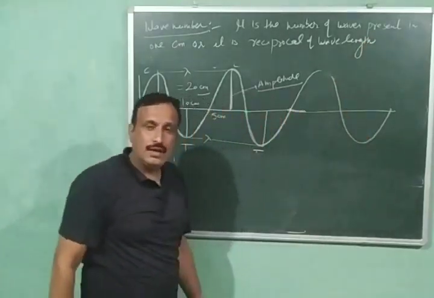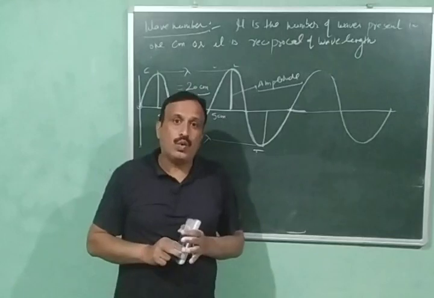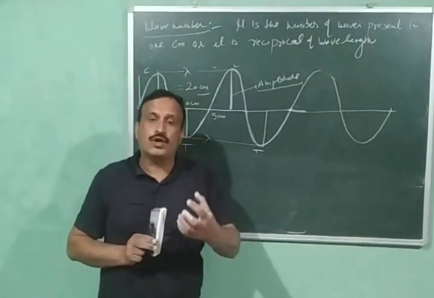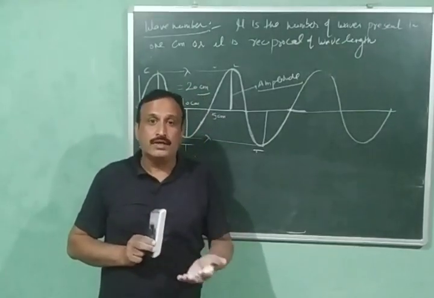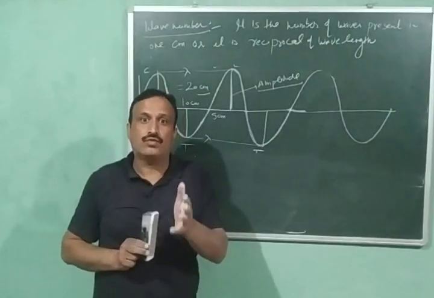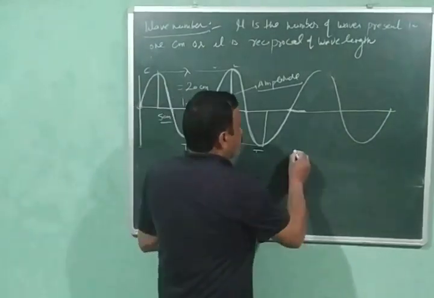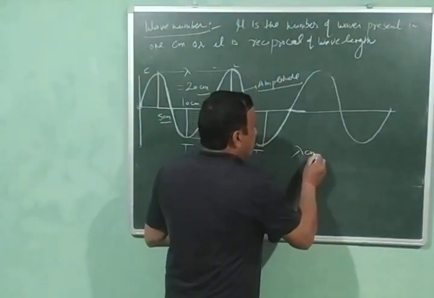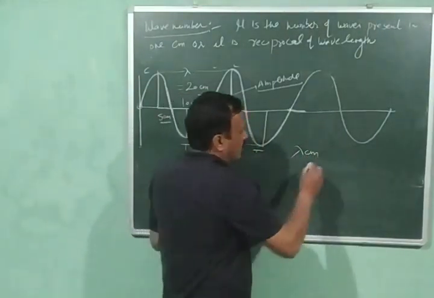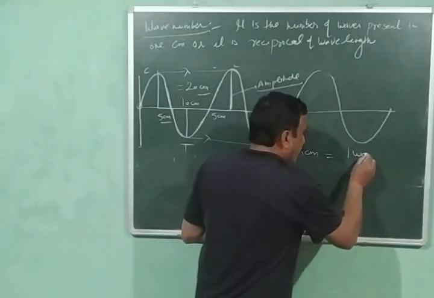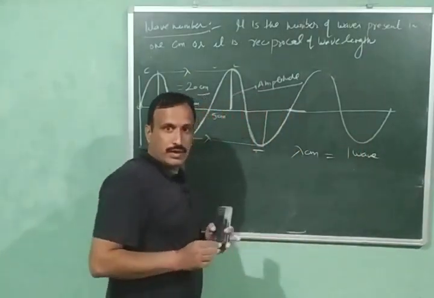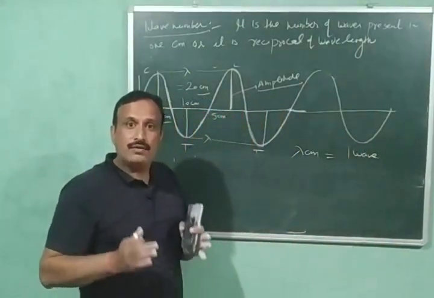Okay, and I have told you that one wave cycle is also called one wave. So the length of one wave cycle or one wave is equal to what? Lambda. This means that in lambda centimeters we have one wave. Then how many waves are we going to have in 1 centimeter?